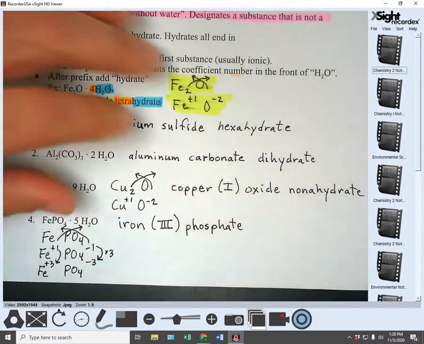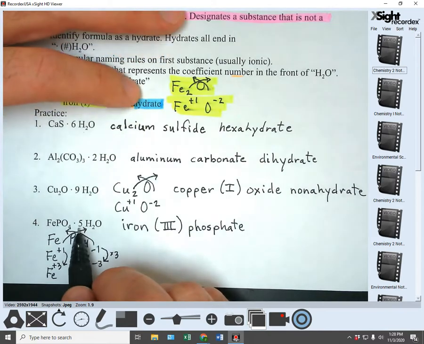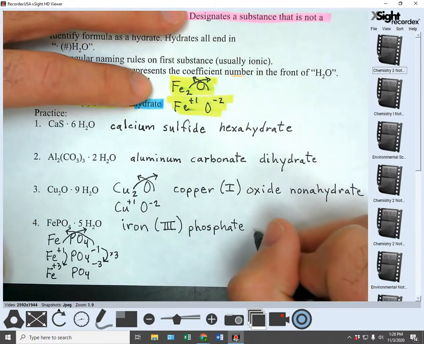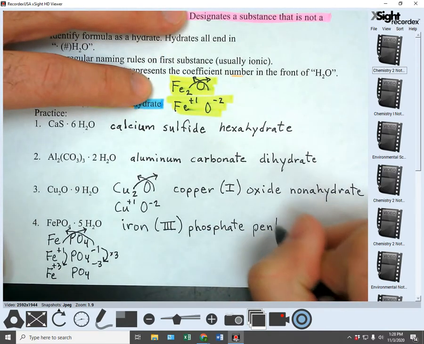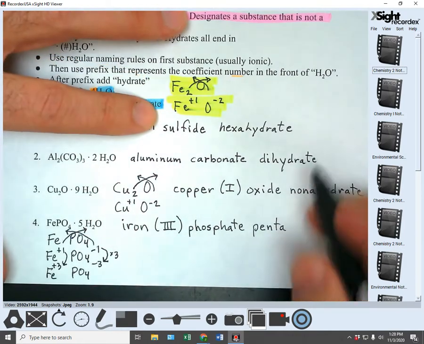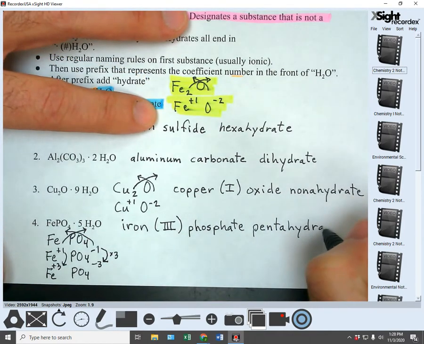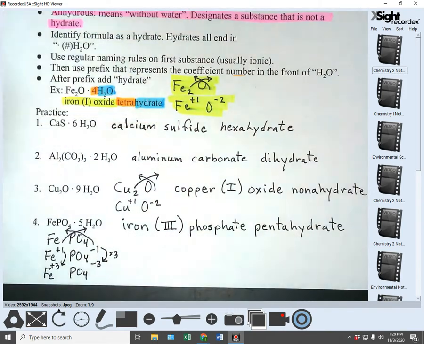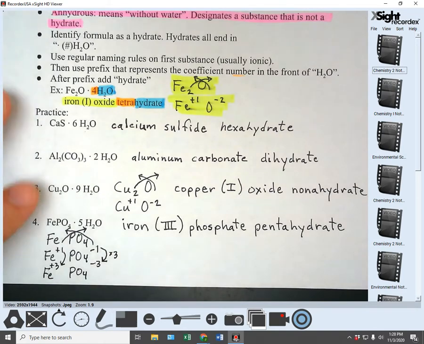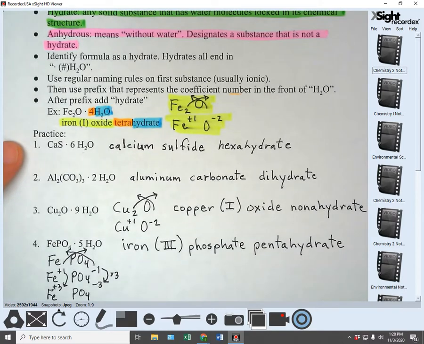Okay. Iron 3 phosphate. 5 is penta. And then hydrate. So the full name of this is iron 3 phosphate pentahydrate. Okay. That is it for the acid and hydrate naming notes.